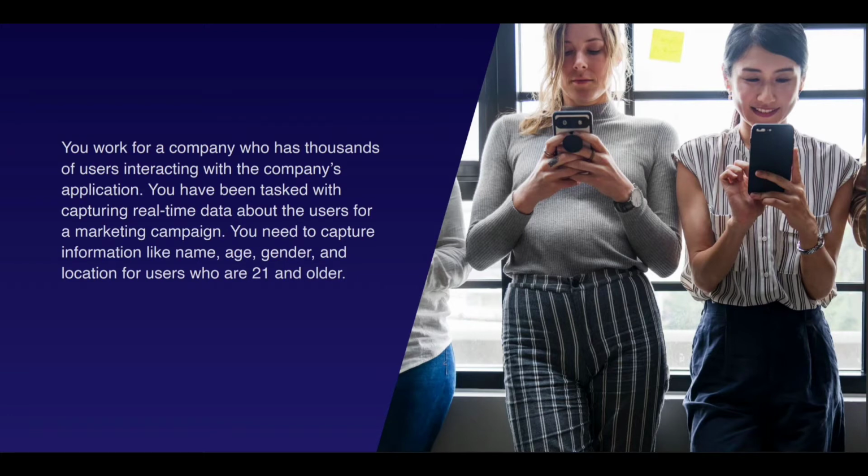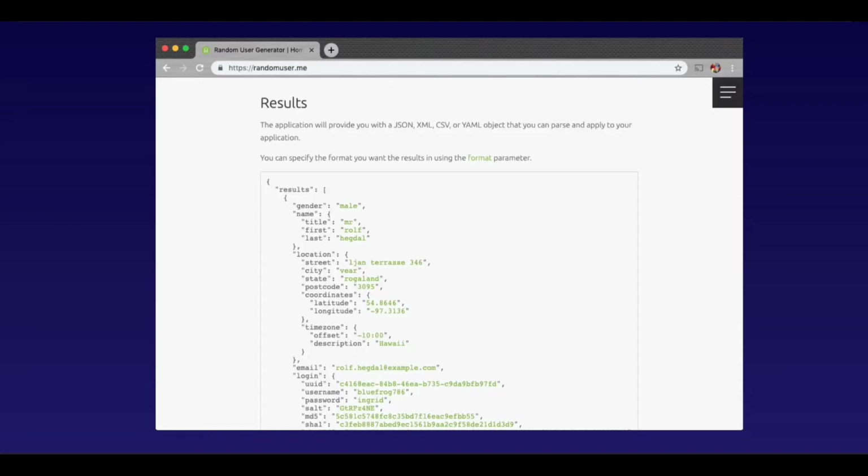So you are probably wondering, well, where am I going to get this user data? Well, I would like for you to use the randomuser.me API that allows you to call the API and generate random user data. So you can see in the screenshot, this is the results that get returned whenever you call the API.